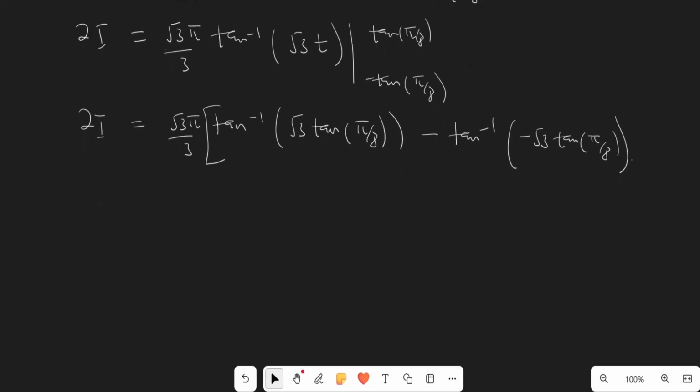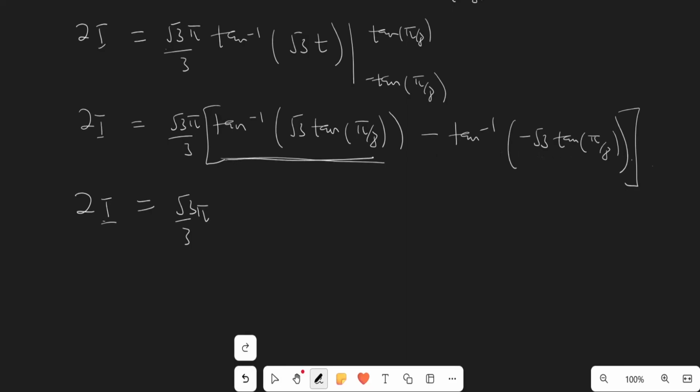But the tan inverse of a negative value is the negative of the tan inverse of the positive value. So 2I is going to be the square root of 3 over 3 pi, right? And this is going to be the negative of the tan inverse of the positive angle. So the negative will come out and nullify this negative, which will be plus.